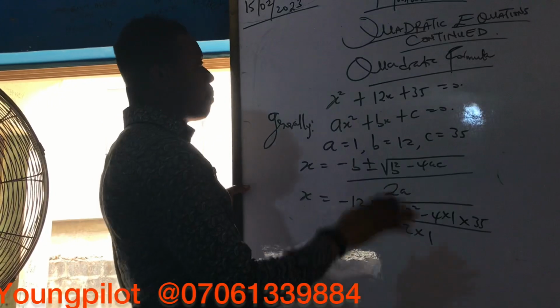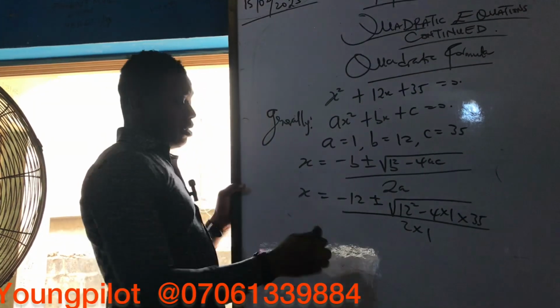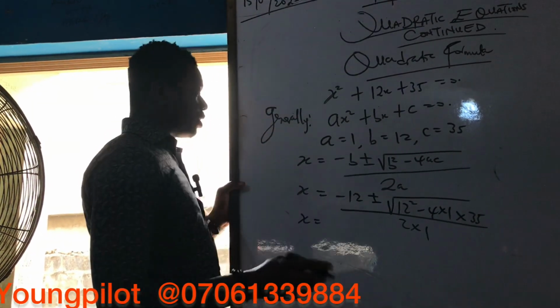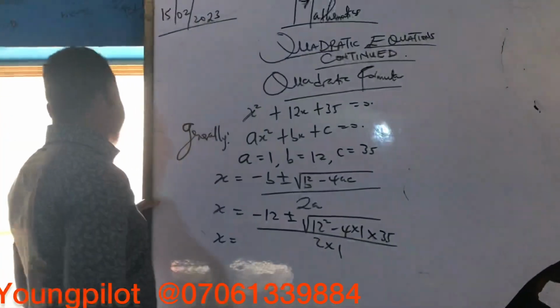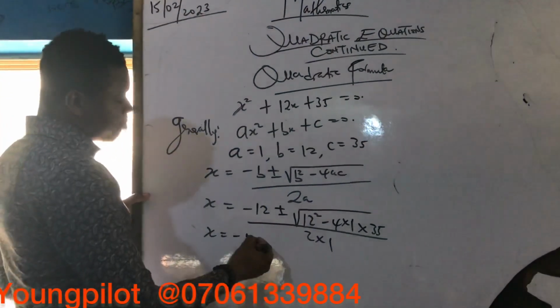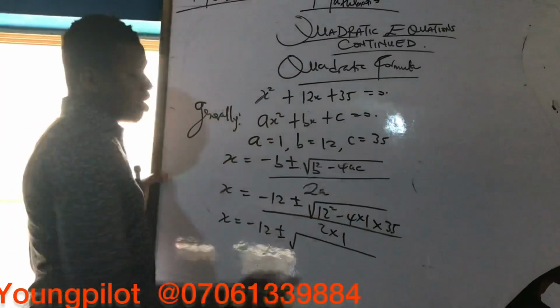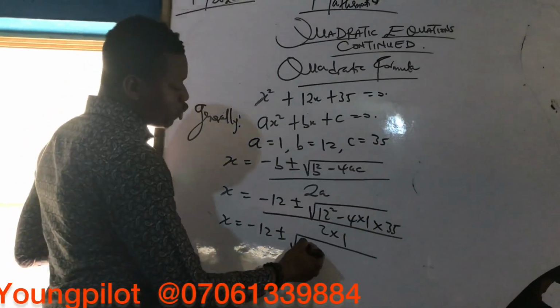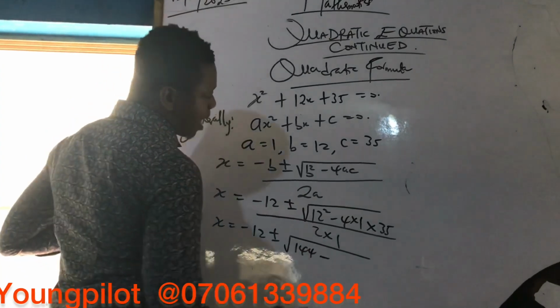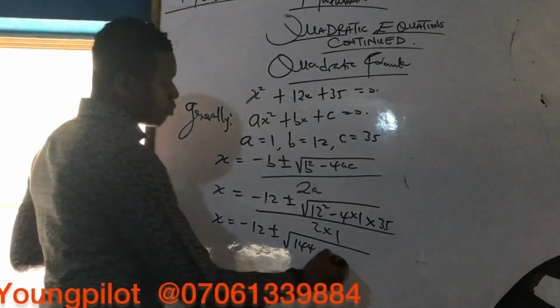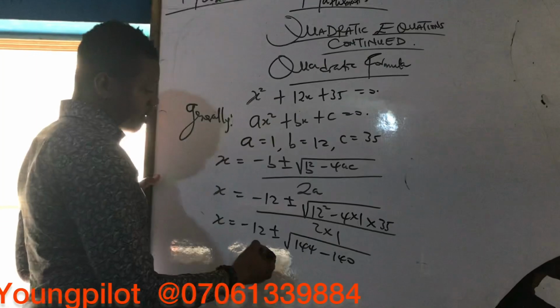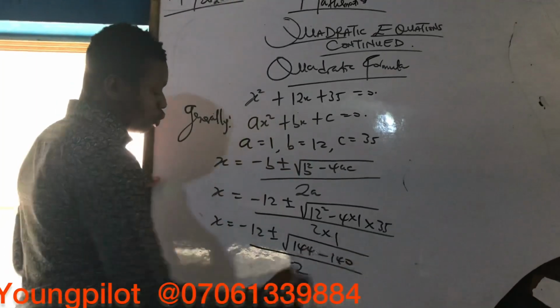Please, stepwise for WAEC. If it's UTME, you can rush, but WAEC stepwise. So x equals minus 12 plus or minus square root. Let's simplify that. 12 squared should be 144 minus 35 times 4, 140. That's nice. Over 2 times 1, 2.